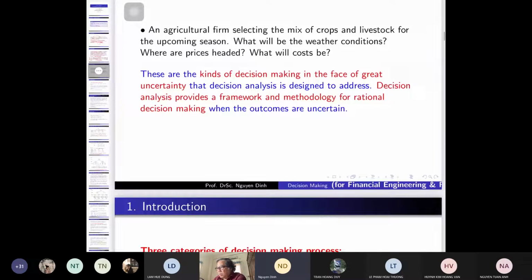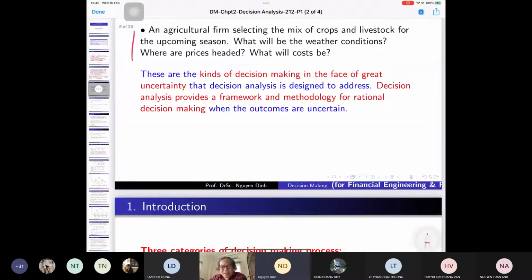This is the last case you have here. These are the kind of decision making in the face of uncertainty that decision analysis is designed to address.